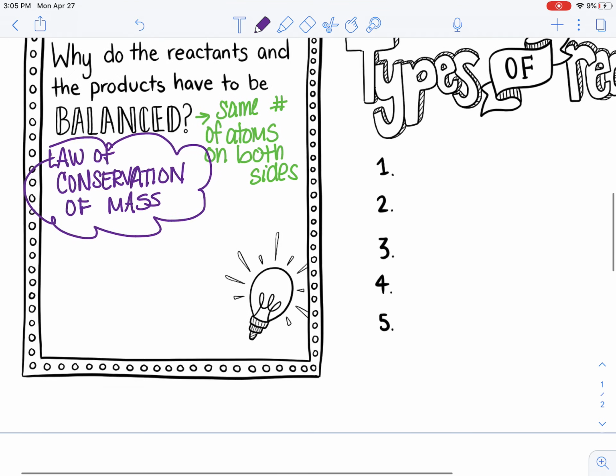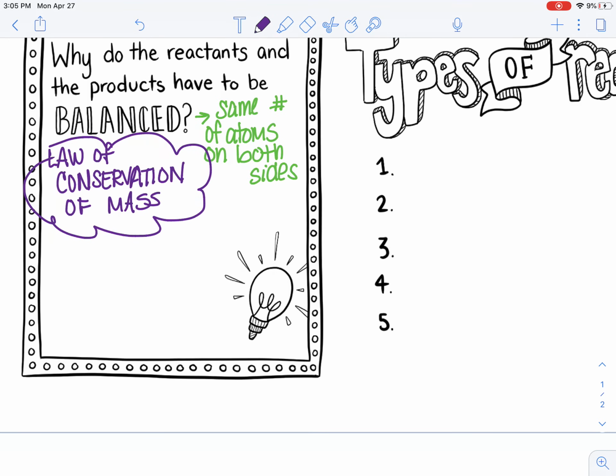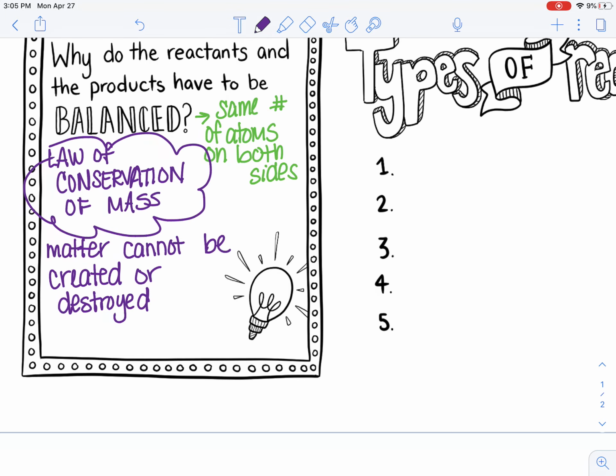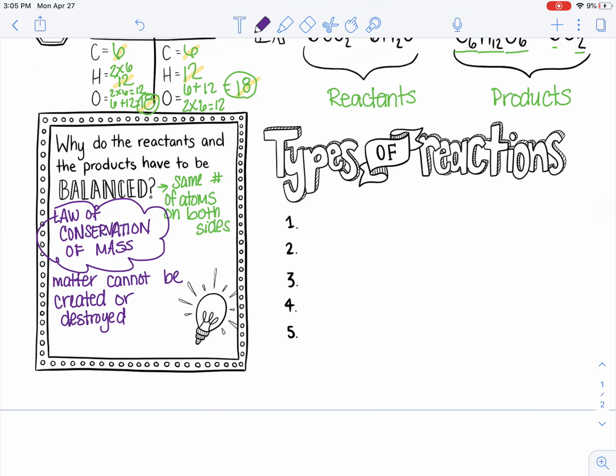And the law of conservation of mass says that matter cannot be created or destroyed. That means that if I want to make water, H2O, I have to start out with hydrogen and oxygen atoms from somewhere.